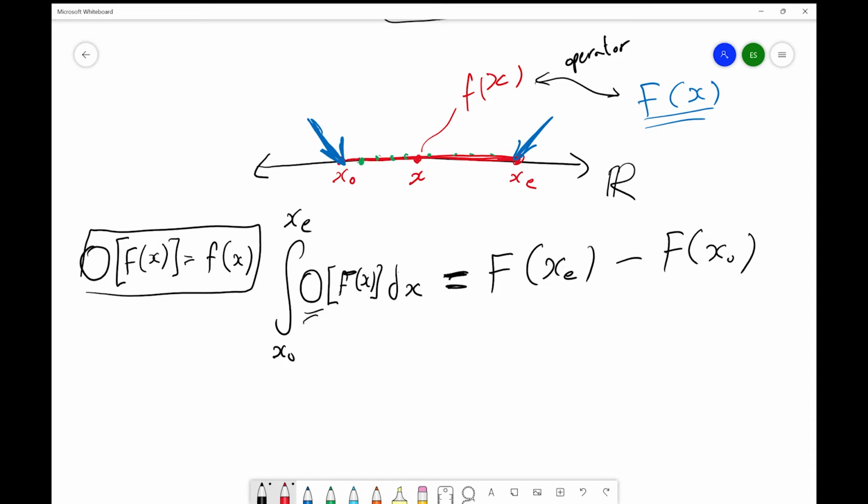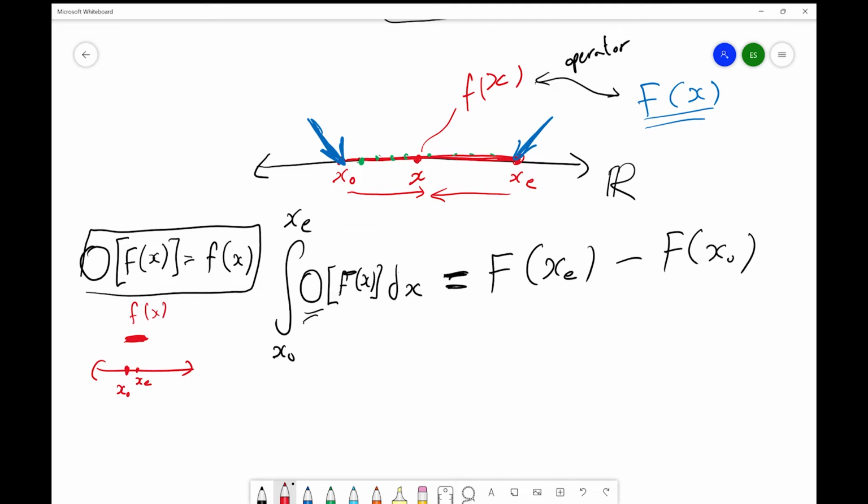Right? Why? Well, assume this interval here collapses to 0. Assume we take a really small interval where x0 and xe are really close to each other. So if x0 and xe are really close to each other, the function, whether it's capital F or small f, is going to be constant.